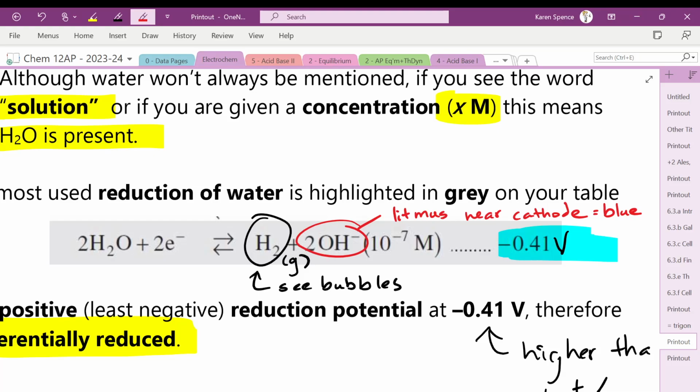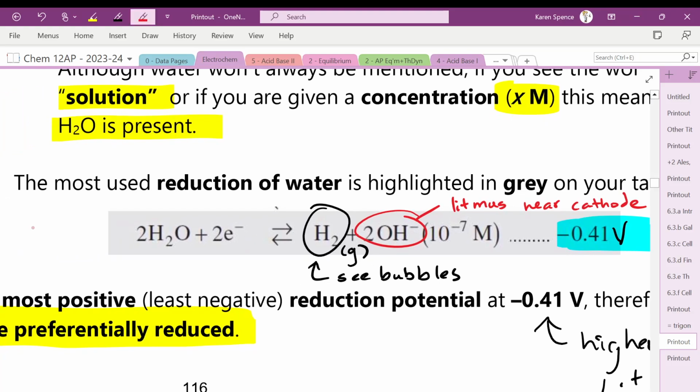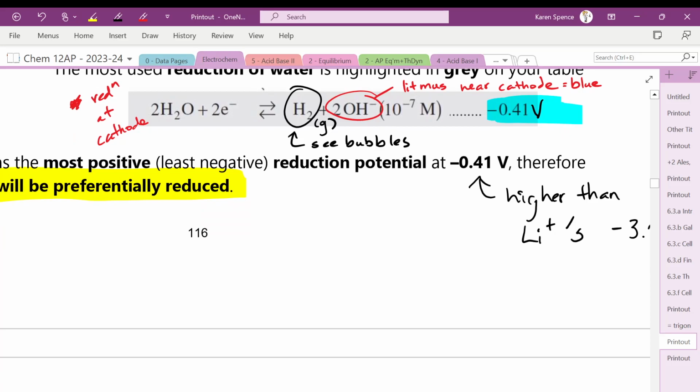So the OH- is originally going to be building up around the cathode. And as time goes on, because this is happening at the cathode, reduction at the cathode. Yeah? Good question.